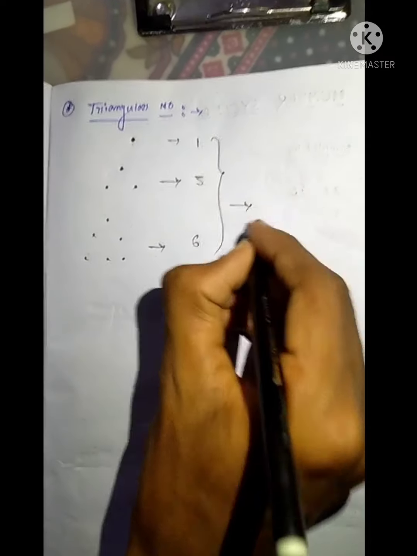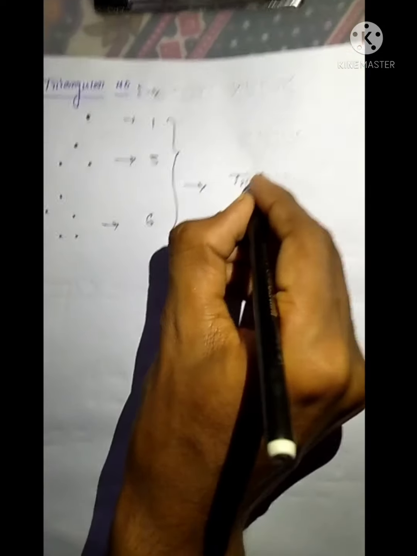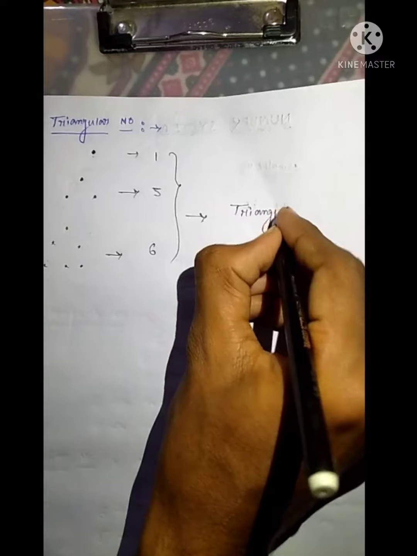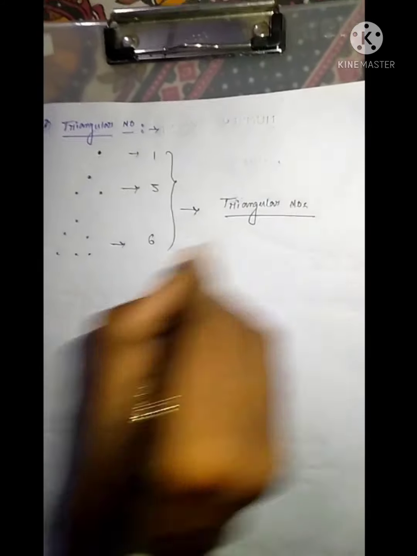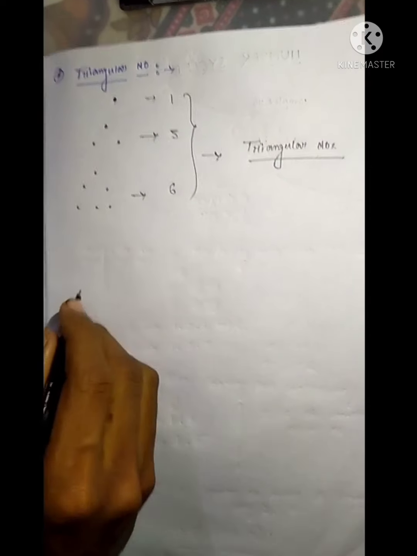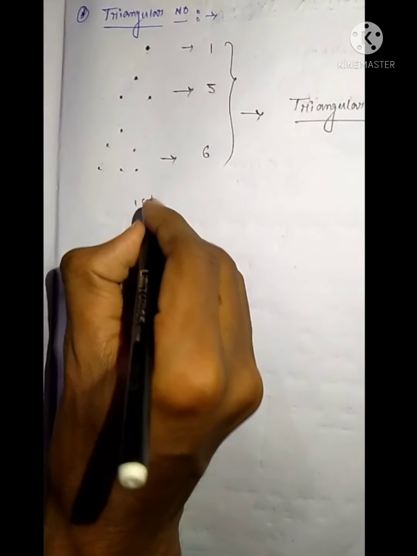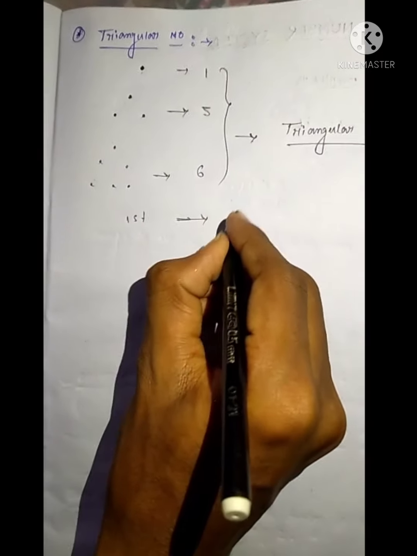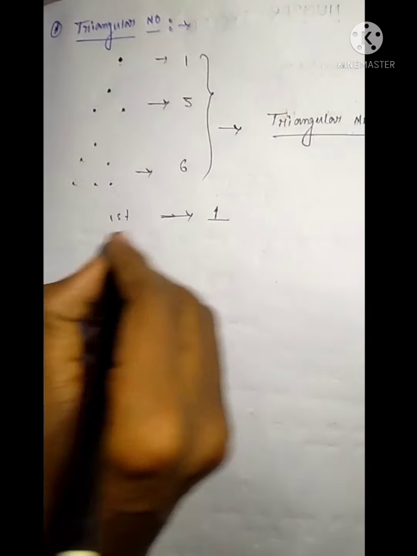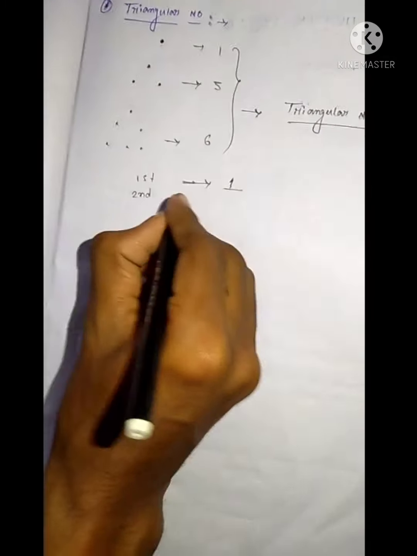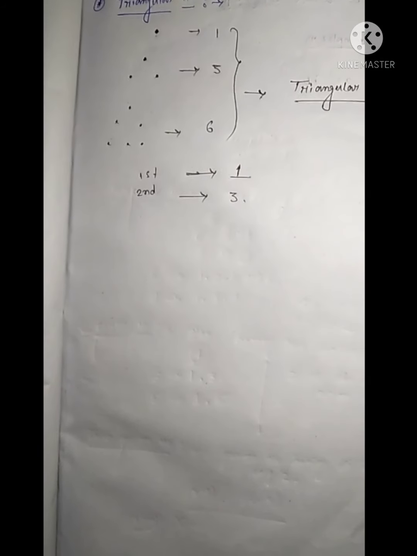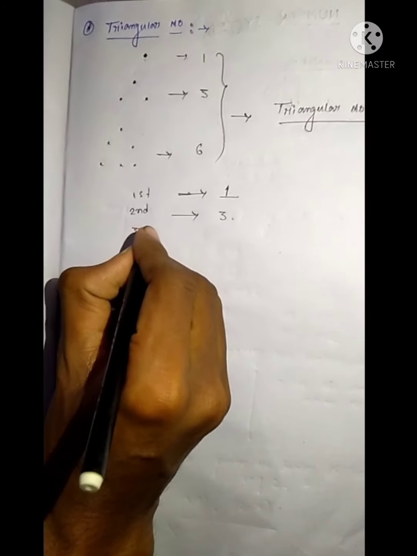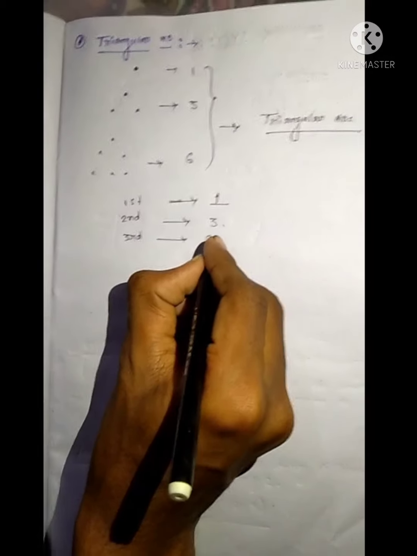These are triangular numbers. So you can see the first triangular number is 1, the second triangular number is 3, the third triangular number is 6.